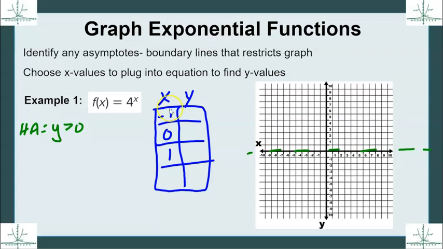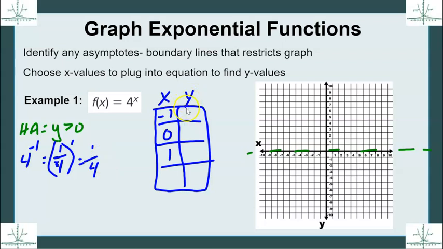Now if I put a -1 in for x, 4 to the negative first power, anytime you have a base raised to a negative exponent, you have to write the reciprocal of the base. So the reciprocal of 4 is 1/4, and then I raise it to the first power, which will give us 1/4.